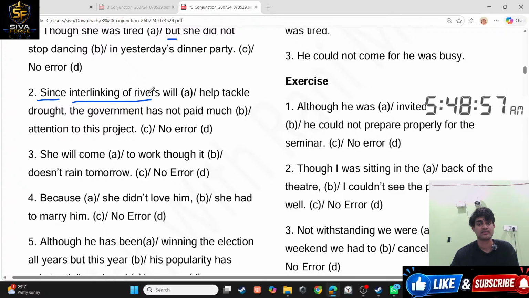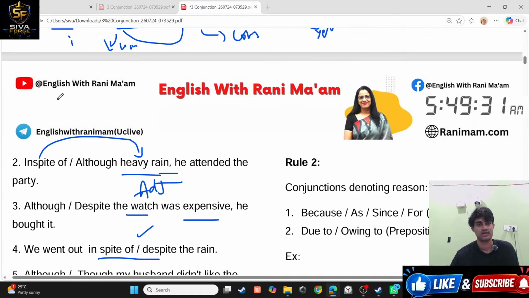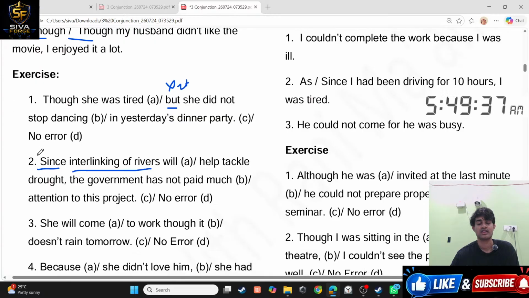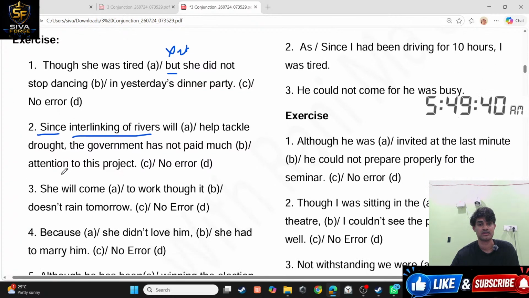Since is not contrasting. Since is a coordinating conjunction, sorry, a subordinating conjunction. We should change the conjunction here and use a contrasting conjunction.